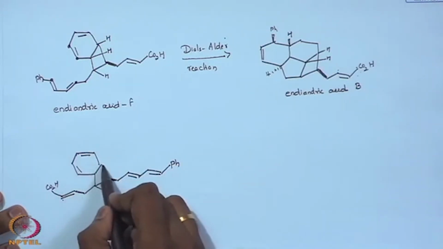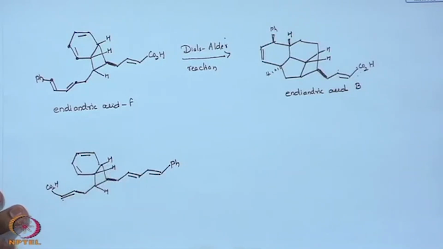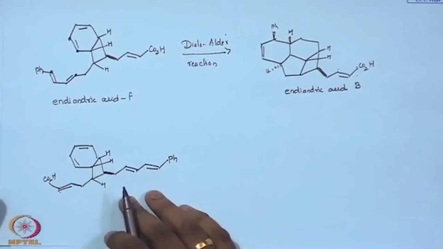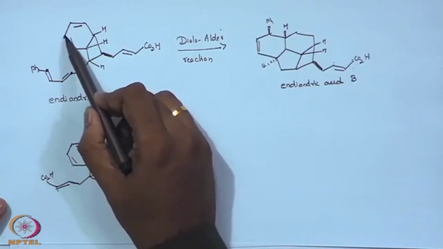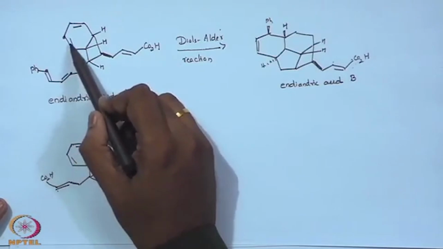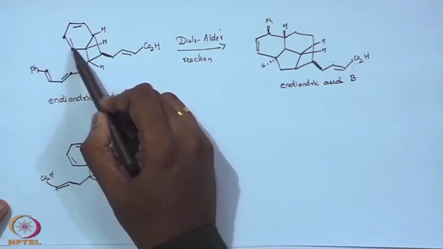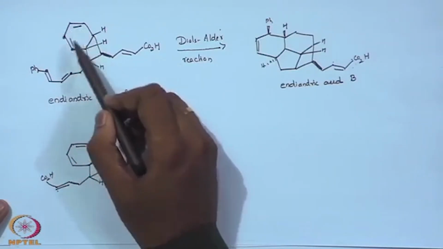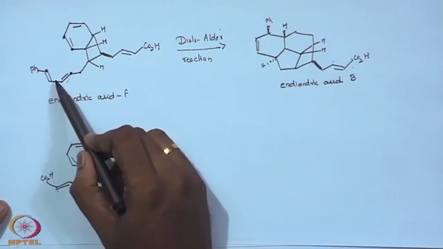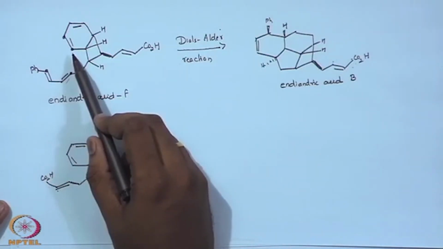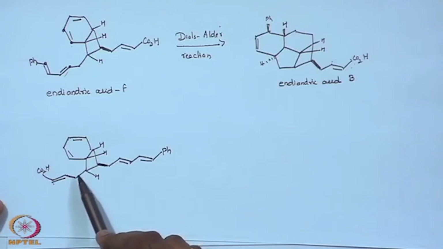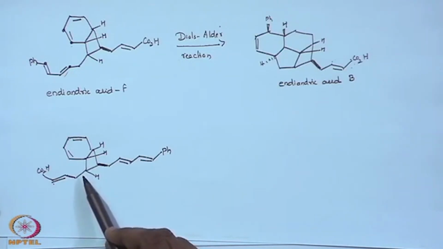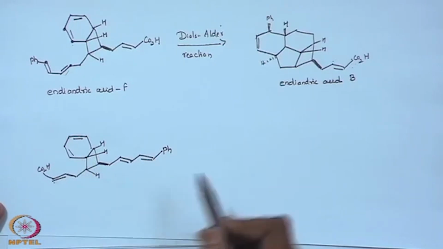You have nitrogen, you have nitrogen. Now tell me how it reacts. See, in this case you have your diene here, then alkene here. So, two electrons involved in this ring and 4 electrons involved in this ring, 4 plus 2. Here, how it should be in this case? But first tell me whether it will undergo Diels-Alder. Yes, it will undergo Diels-Alder reaction.